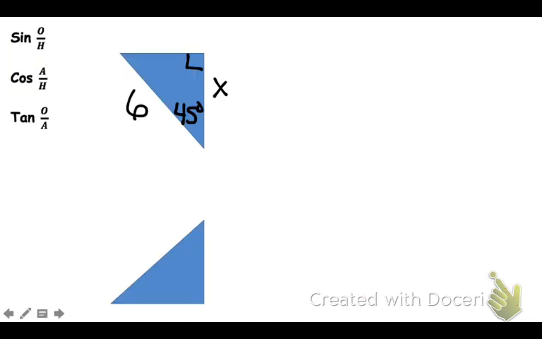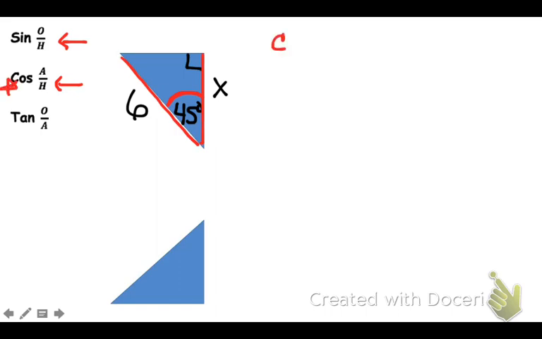All right, so this example is a 45, 45, 90, so we could do it two different ways, but let's do it using cosine 45 first. And I know that because I'm coming off of angle 45 degrees. I was given the hypotenuse, so that means I'm either going to use sine or cosine, and then I'm given the side adjacent, so that determines, yes, it's going to be cosine.